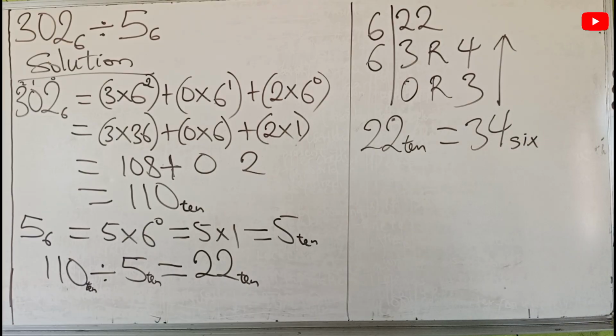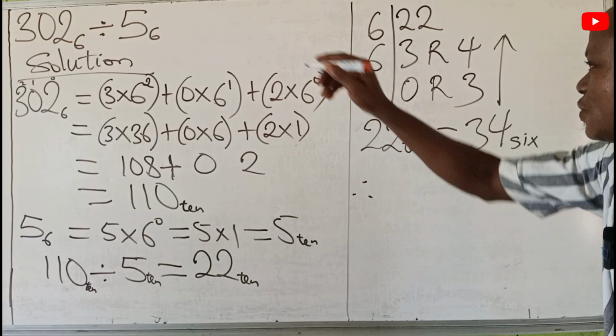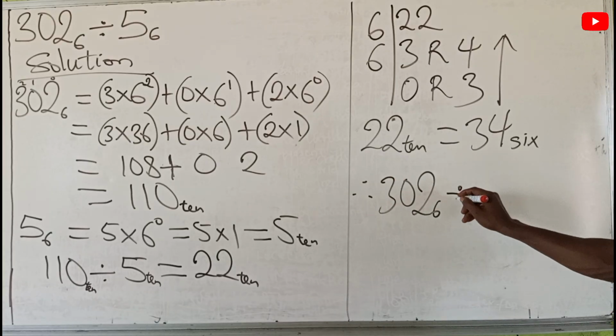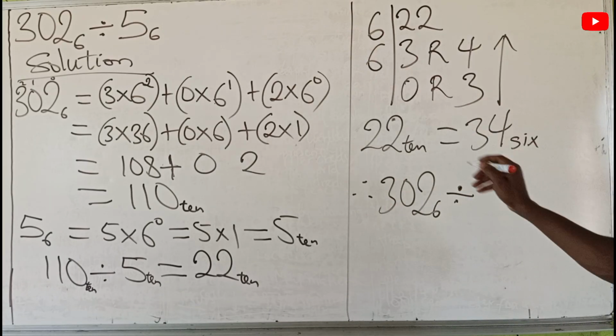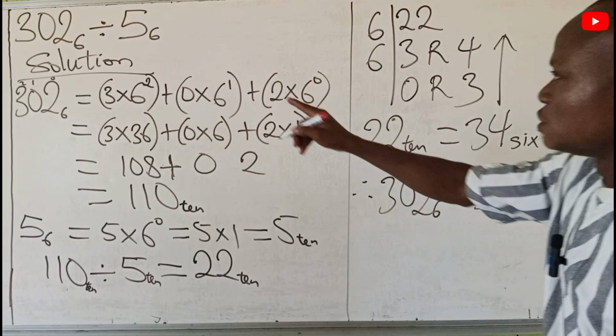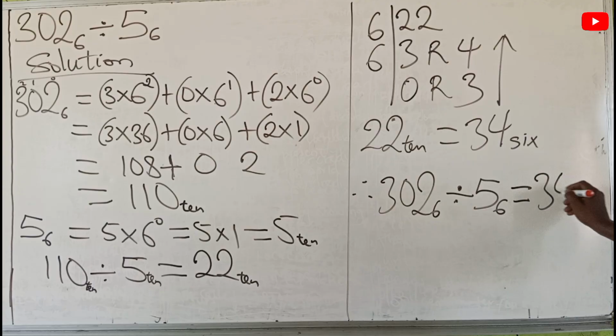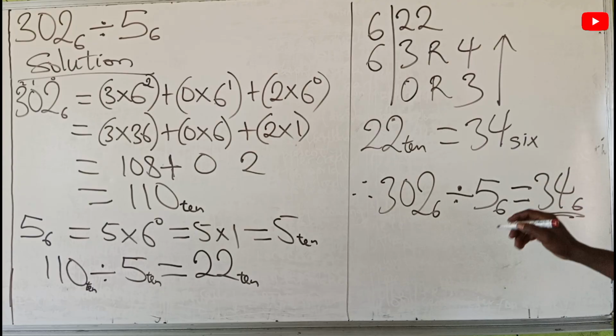So this is our final answer. That means that 302 in base 6 divided by 5 in base 6, which is the original question, is equal to 34 in base 6 as our final answer.